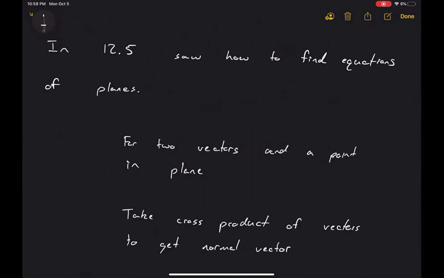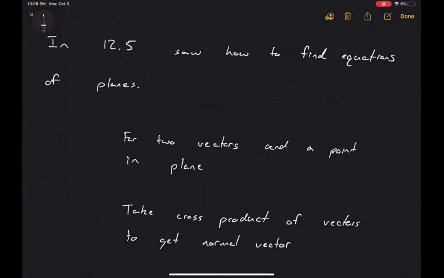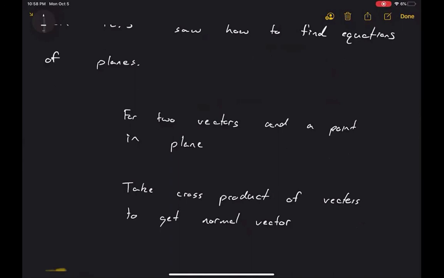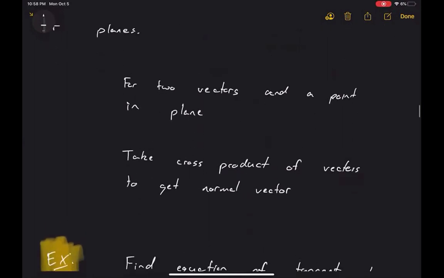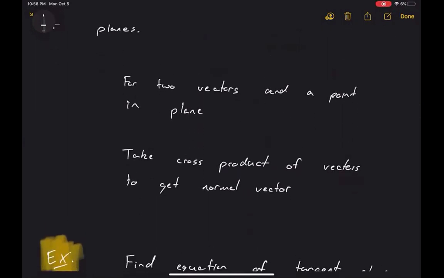So recall how we found equations of planes in section 12.5, I believe. One of the ways we could find the equation of a plane is if we were given two vectors contained inside a plane, and a point in the plane. So what did we do? We took the cross product of those two vectors, and that gave us a third vector that was normal to the plane.